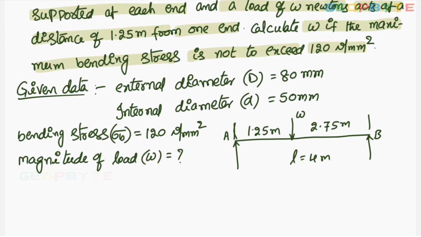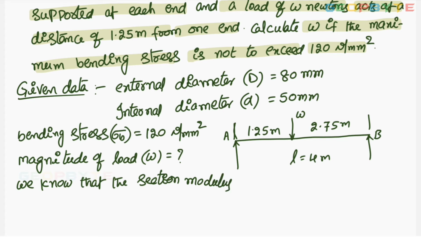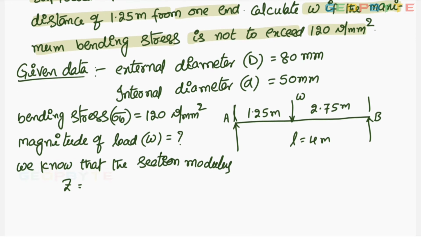Now first find the section modulus. We know that the section modulus Z equals pi by 32. Let us simplify it.